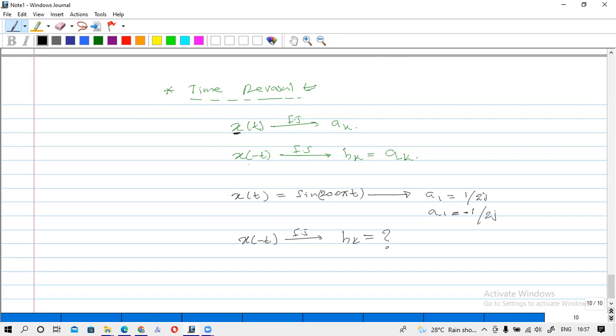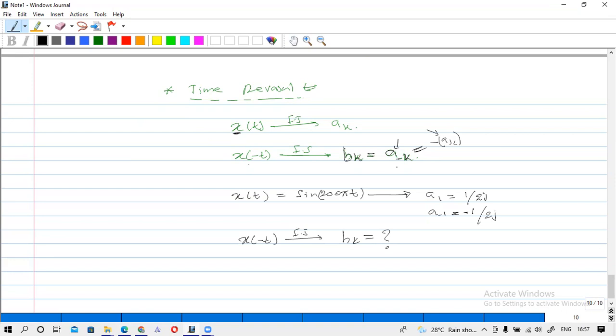Try to understand. Here you can see that b_k is equal to a_-k. That is not equal to minus a_k. You have to understand the difference between these two terms.